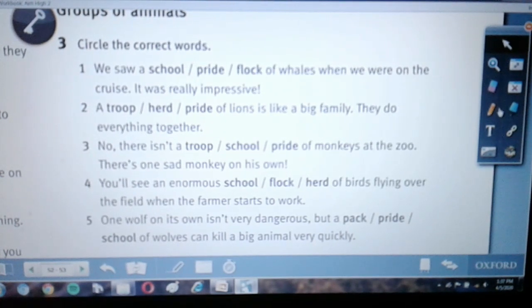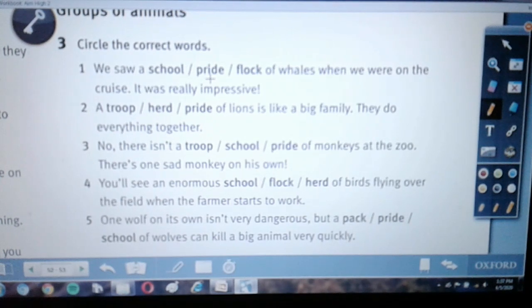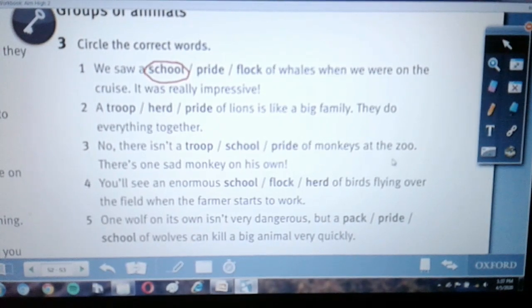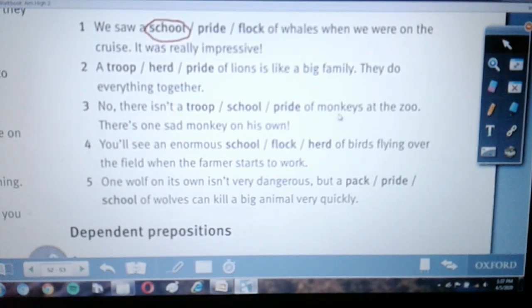What is the answer? For a group of fish or whales, we need to use a school. So circle a school. Okay, now please answer number 2, 3, 4, and 5.